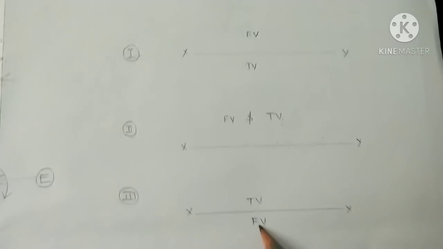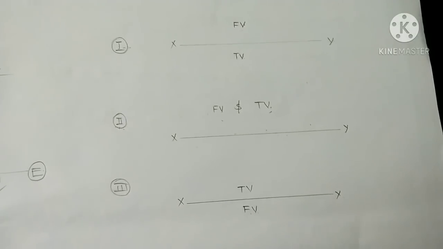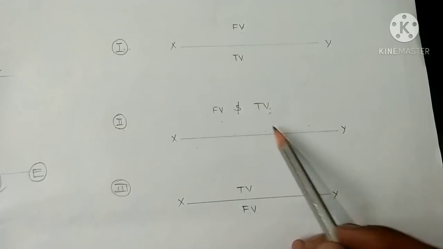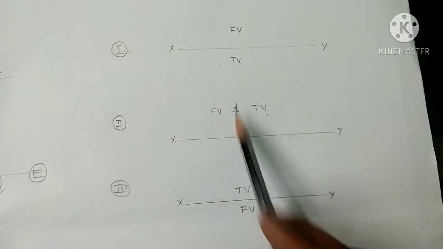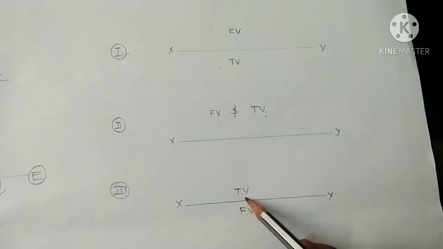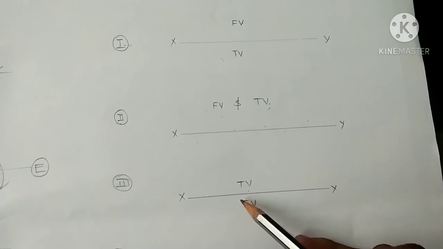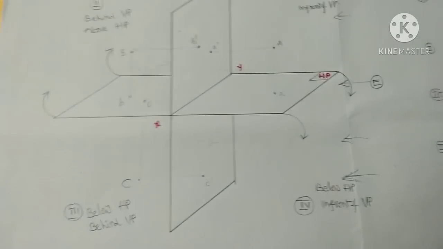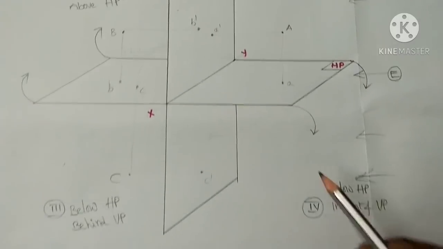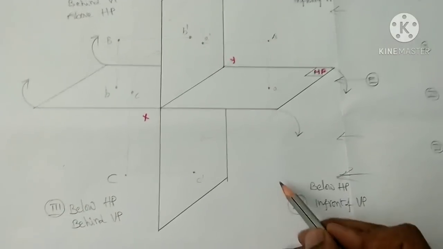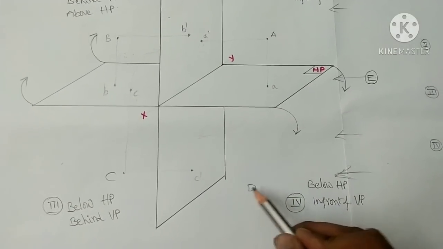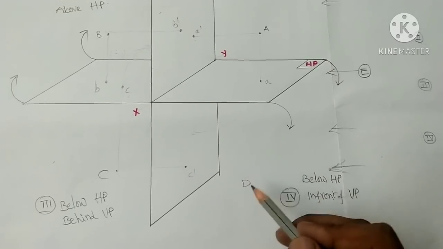And if we compare the first quadrant and the third quadrant, the third quadrant is the reciprocal of the first quadrant. That means the third quadrant is opposite to the first quadrant. Now let us see the fourth quadrant. According to this particular quadrant, capital D is located in this particular quadrant.